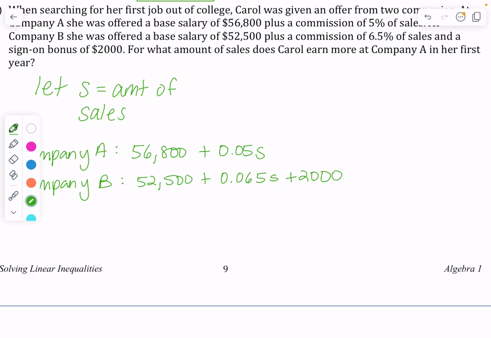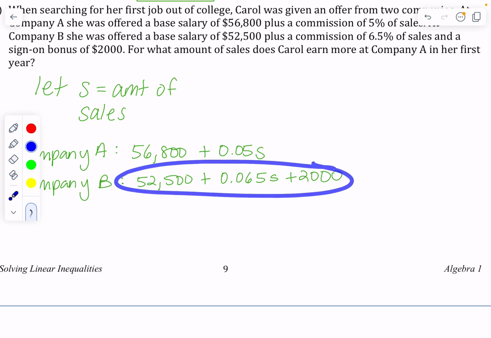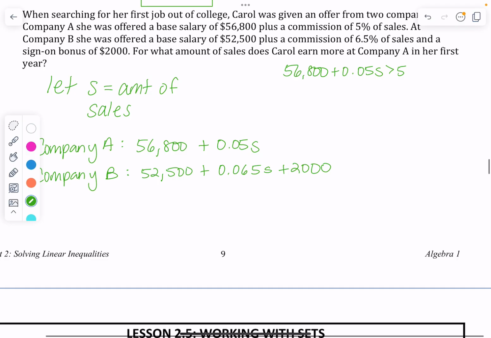So now the question says, for what amount of sales does Carol earn more at Company A in her first year? So that means we're going to be comparing the two. We want Company A to be more than Company B. So when we set this up, we want this to be more than this. I'm going to run out of room.